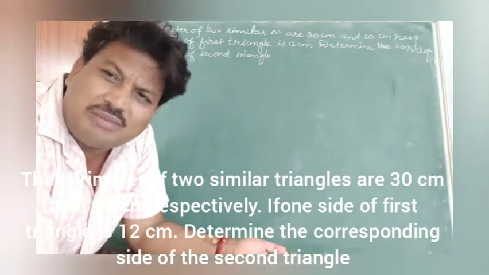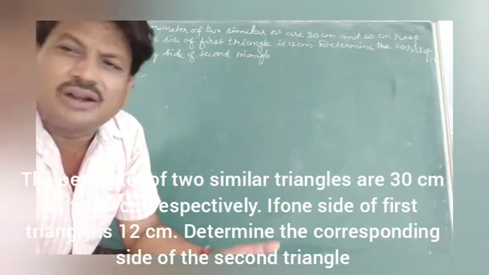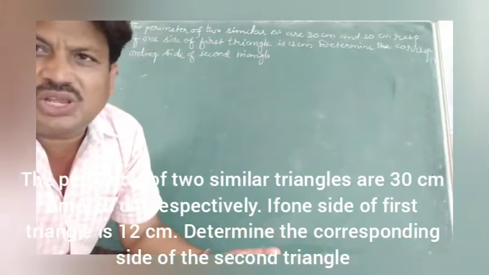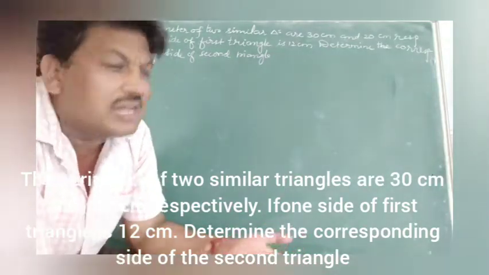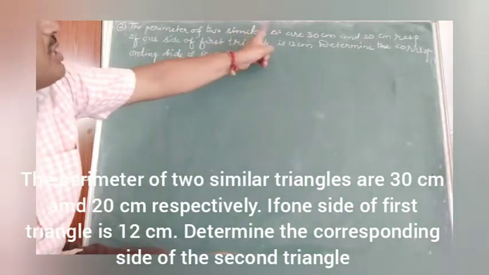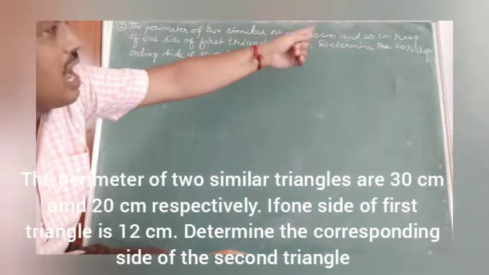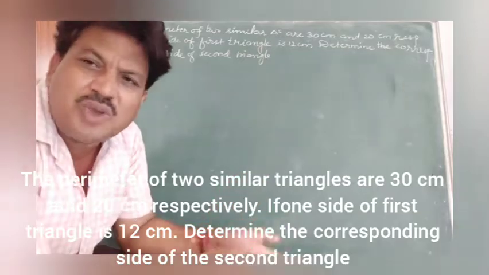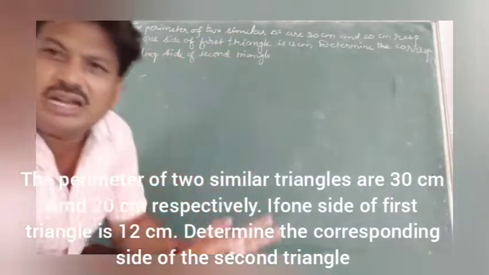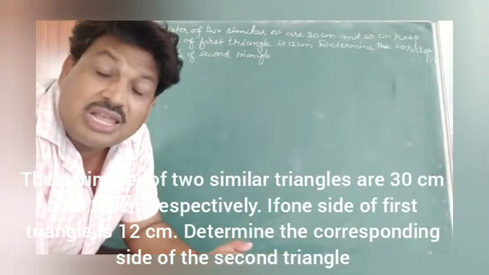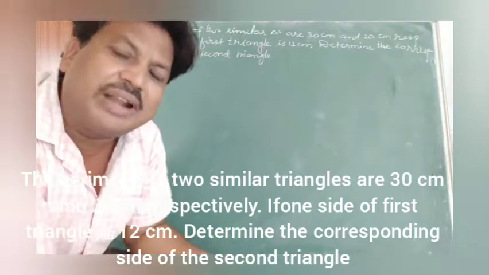Name them triangle ABC, triangle DEF, triangle PQR, triangle STU, whatever two triangles you can take, children. After that you write the perimeter of one triangle as 30 and the perimeter of the other triangle as 20. And take any one side of any triangle whose value is given and find the corresponding side of the next triangle.